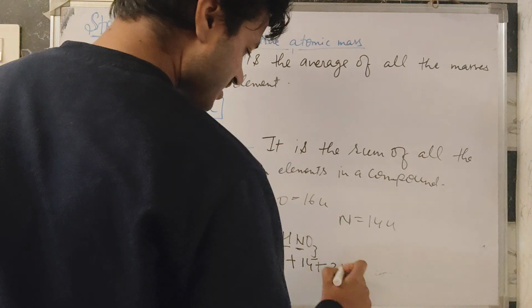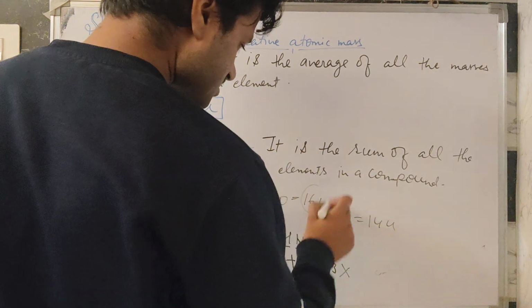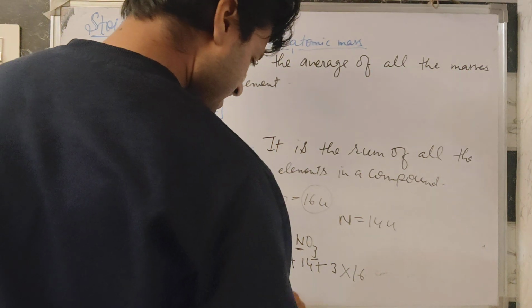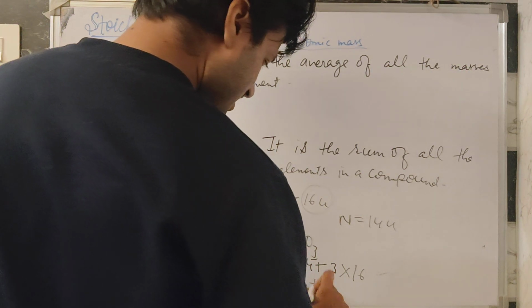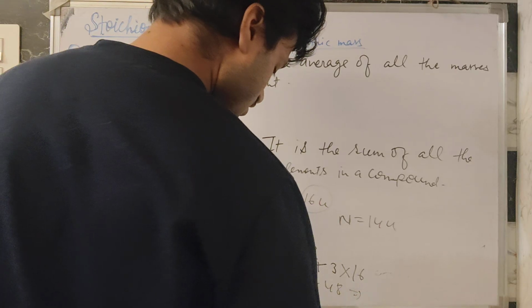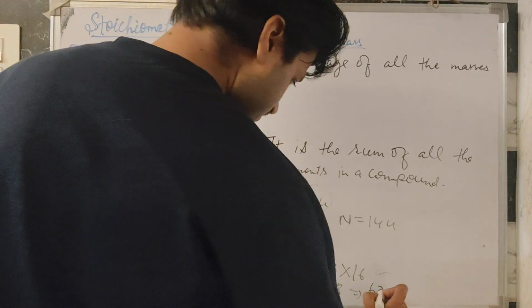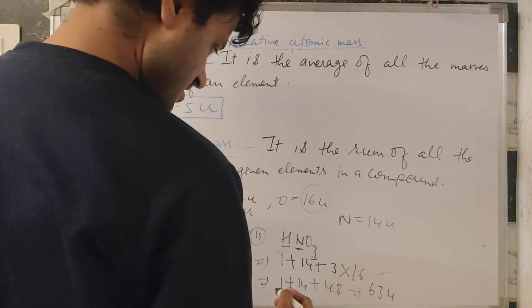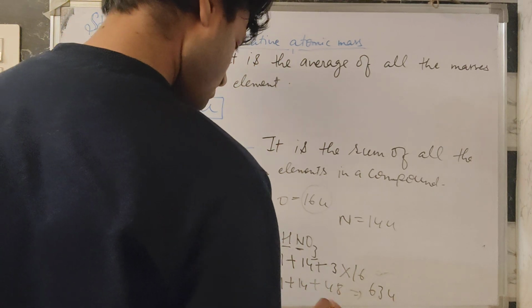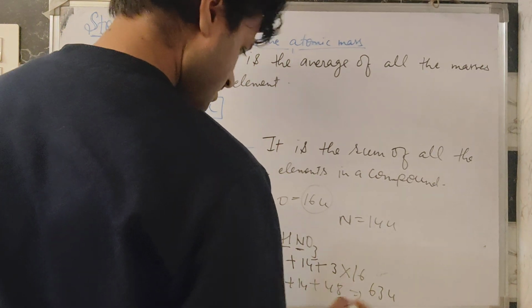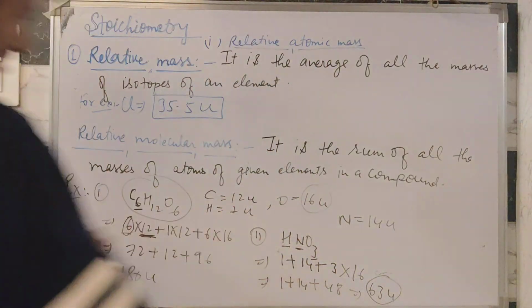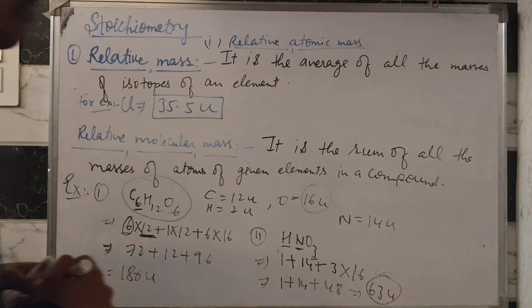So multiply 3 by the actual mass of oxygen, 16. You get 1 plus 14 plus 48, which is 63 unit mass for HNO3.